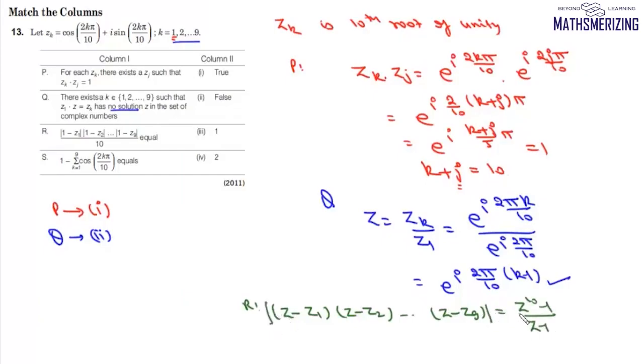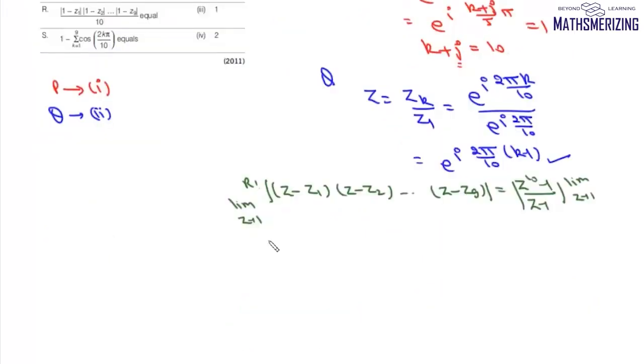And if we take mod both sides, and take the limit z tends to 1, then we'll get mod of (1 minus z1) into mod of (1 minus z2) into mod of (1 minus z9) will be equal to 10.